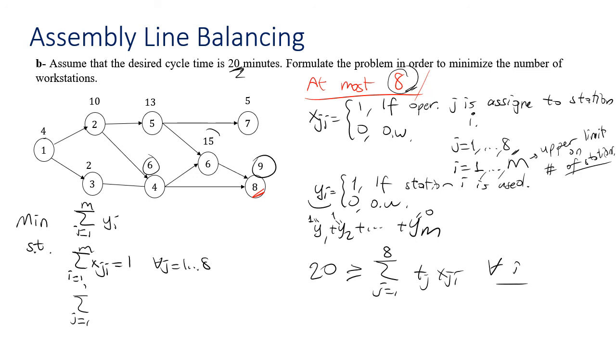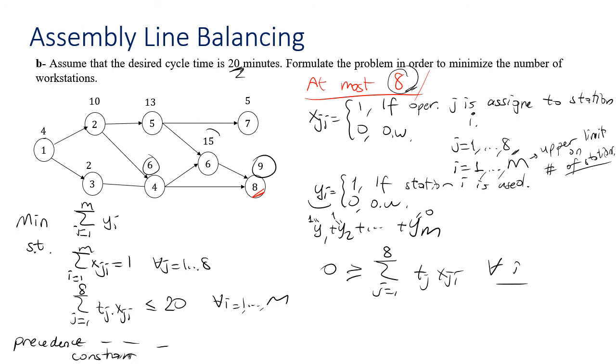So the sum over j from 1 to 8 of tj times xji should be less than or equal to the given cycle time 20 for all stations 1 up to m. This is large M. And also the precedence restrictions are exactly the same. So I'm not repeating that constraint here. Just exactly the same precedence constraint.